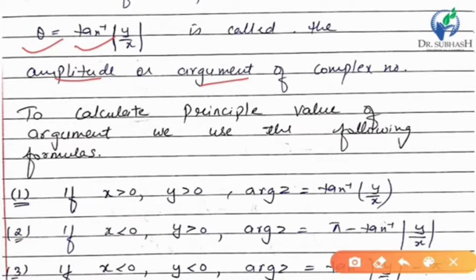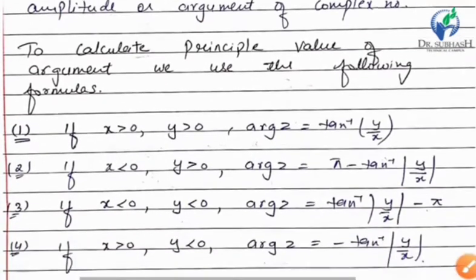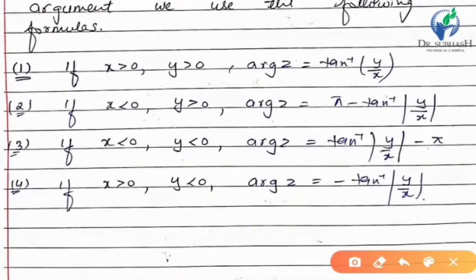Okay, as we know, in a unit circle there are 4 quadrants. In the first quadrant, when x and y are both positive, the argument of z or theta is simply tan inverse y by x. In the second quadrant, when x is less than 0 and y is greater than 0, the argument is pi minus tan inverse y by x.